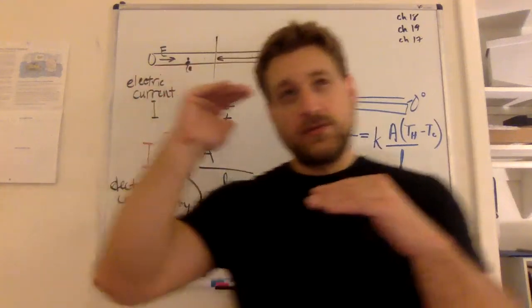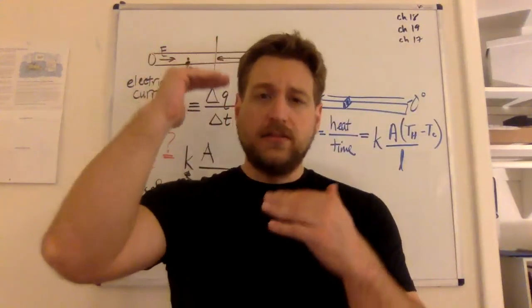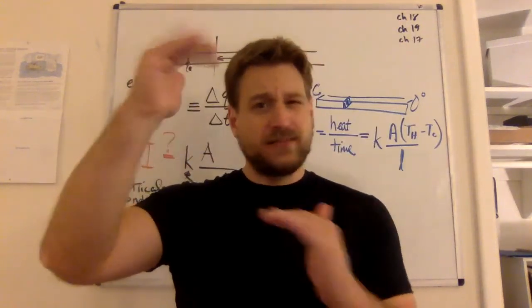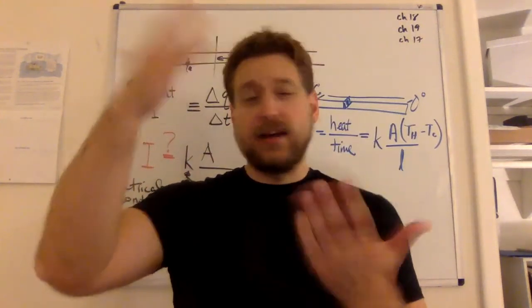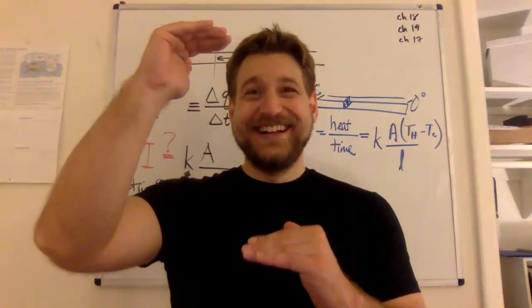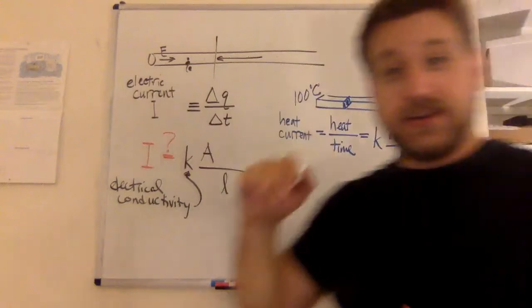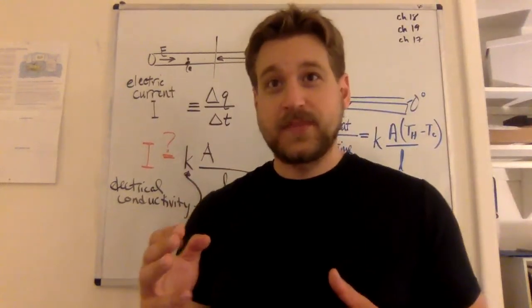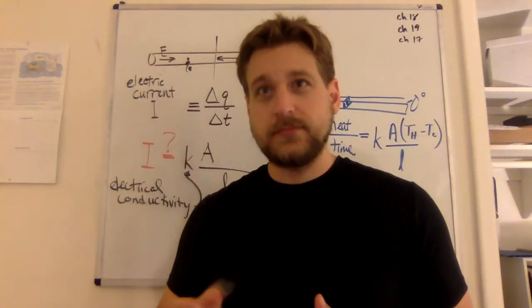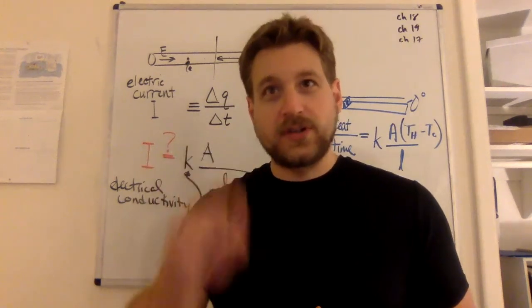The greater the difference in the electrical environment from the top to the bottom, the greater the difference, from one end to the other of this conductor in electric potential, the more the charges will flow.